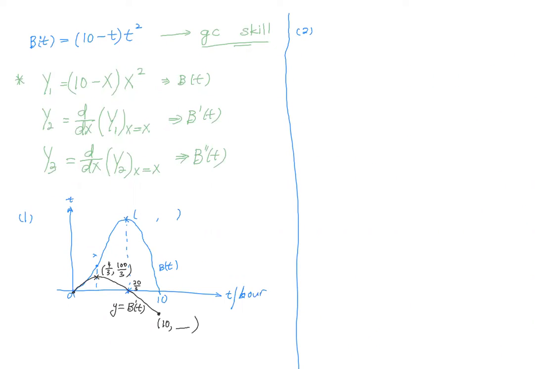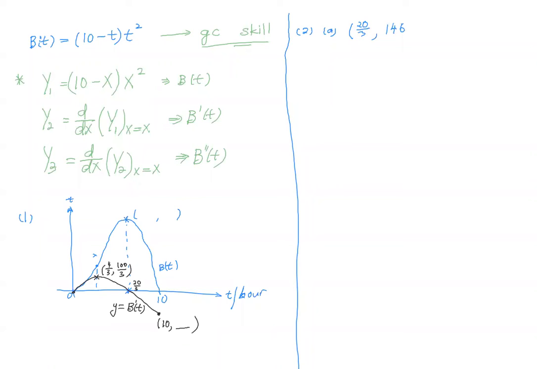Okay, let's go to the second part. What are the coordinates of the turning point of BT? Find the turning point of BT. Based on Gladys' answer, we should know that it is 20/3 and 146.